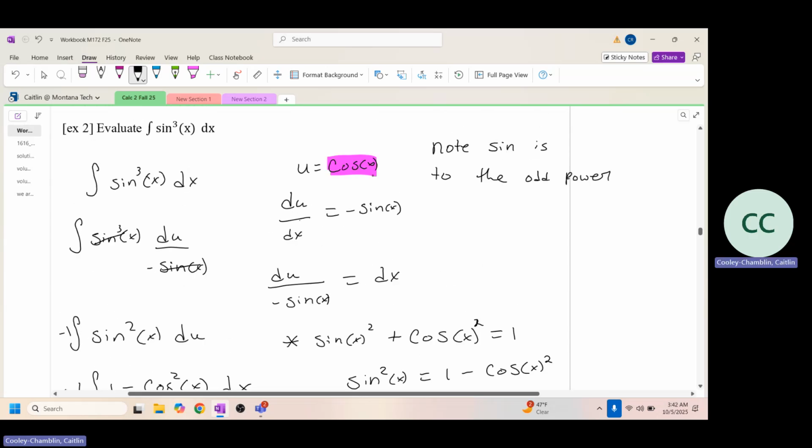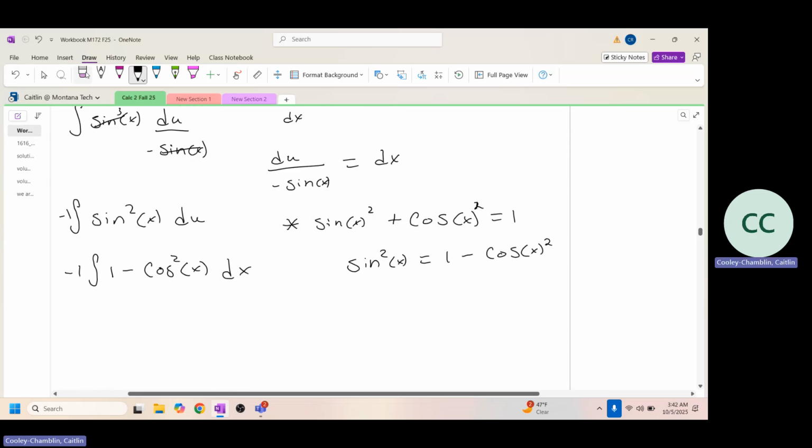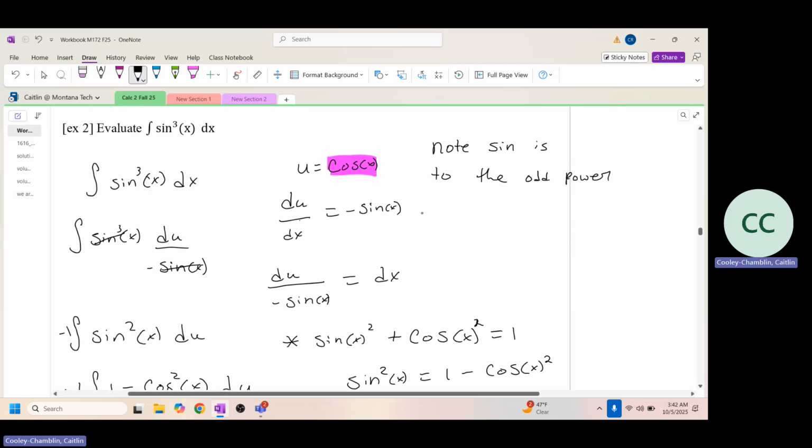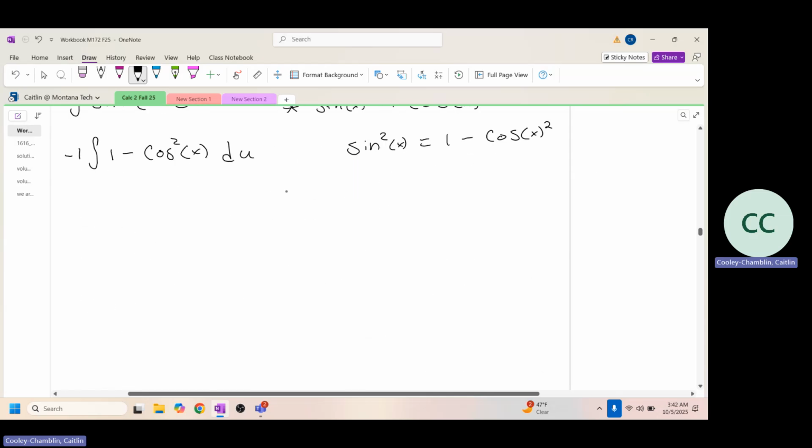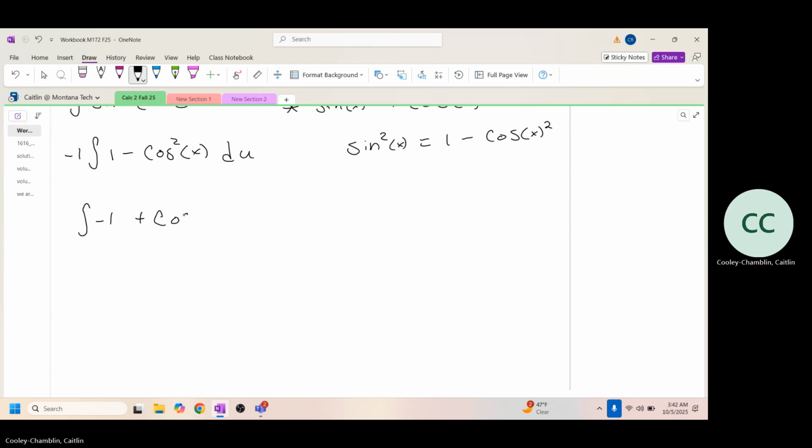And our u was cosine, du, not dx. We did not change that. Our u is cosine of x. I'm going to go ahead and multiply that negative 1 in. So negative 1 plus cosine squared x du. And then I can say this is the integral of negative 1 plus u squared du.